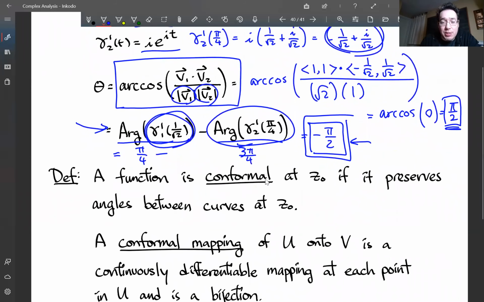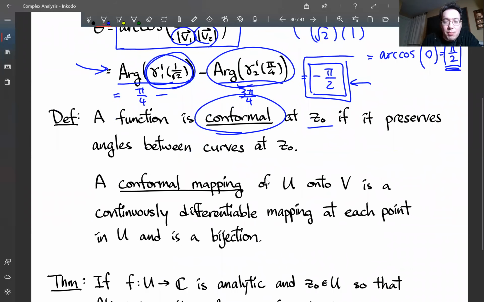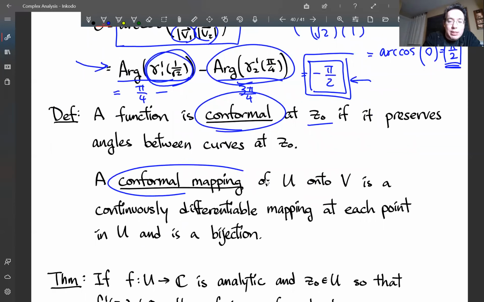So the definition: a function is conformal at z naught if it preserves the angle between the curves at z naught. So before and after the function, you still have the same angle. And a conformal mapping between two domains U and V is a continuously differentiable mapping at each point of U that is a bijection.